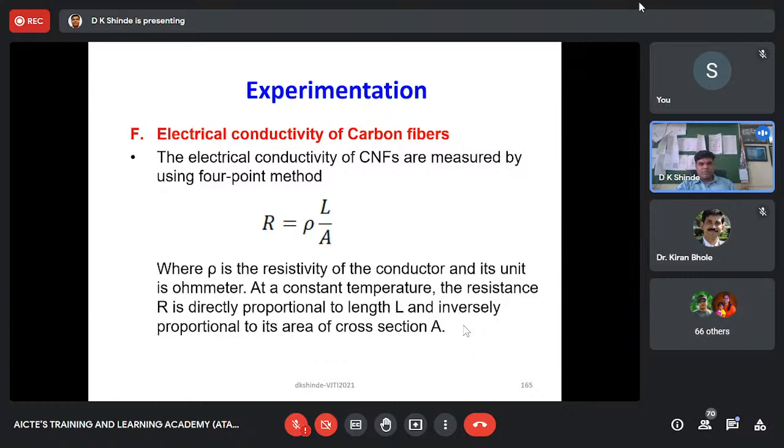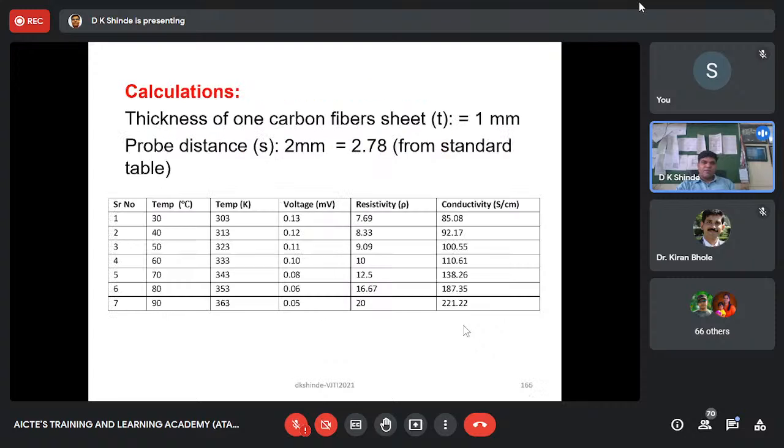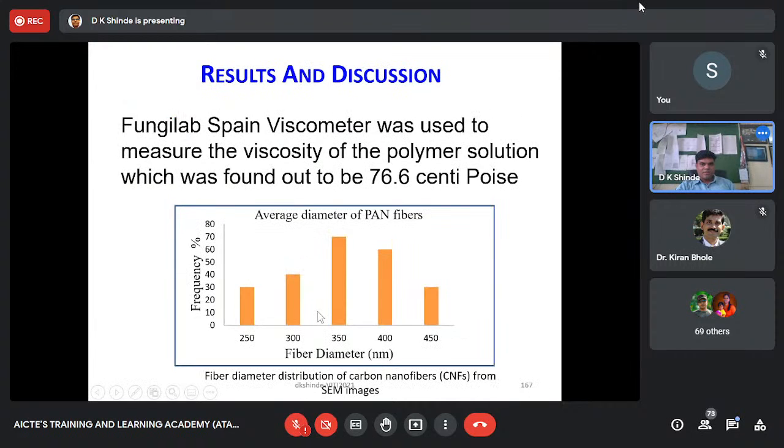The length and cross section of the fiber are given, and accordingly we found the thickness of the fiber: we have a 1 mm thickness, probe distance 2 mm, and then we looked at different temperatures and voltage and the conductivity. So as you keep increasing the voltage, the conductivity has been significantly improved by reducing the resistivity. That is what we have seen from the resistivity test of those fibers.